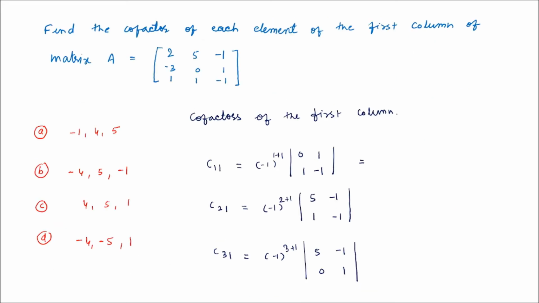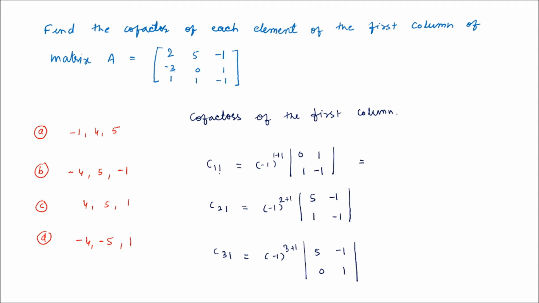Find the cofactors of each element of the first column of matrix A. See here, cofactors of first column of this matrix. Cofactors of the first column are denoted C11, C21, C31.